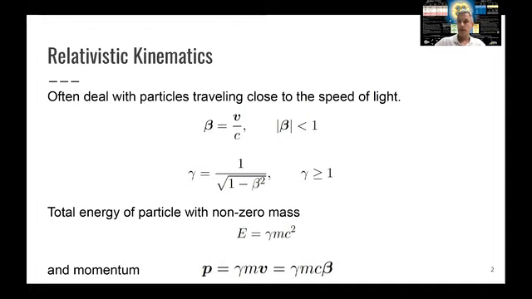Beta is always smaller or equal to 1, smaller for massive particles, and gamma is always equal or greater than 1. The total energy of a particle with non-zero mass is then given by gamma times mc squared. And the momentum is given by gamma times mv or gamma times m beta.